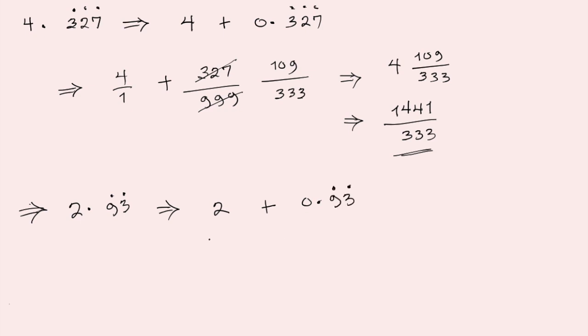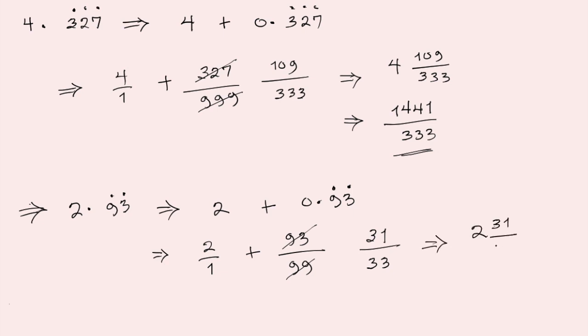So we know that this is equal to 2 over 1 plus 93 over, there are two decimal places repeating, so we have 9, 9. We can divide this by 3 to give us 31, and we can divide this by 3 to give us 33.